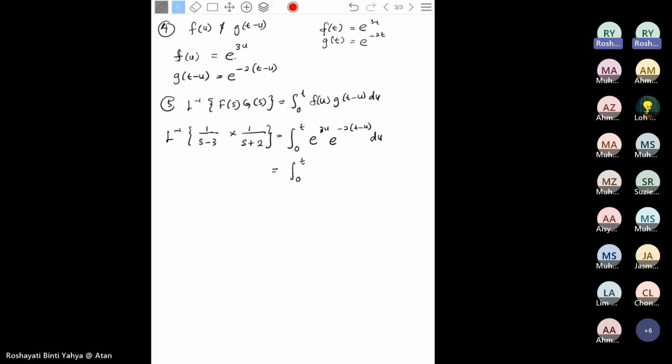Since both are exponentials, multiplying them you can combine: exponential of 3u minus 2t plus 2u, du, from 0 to t. So exponential here, 3u and 2u is 5u minus 2t, du. Okay. If you have any questions, you may interrupt me.